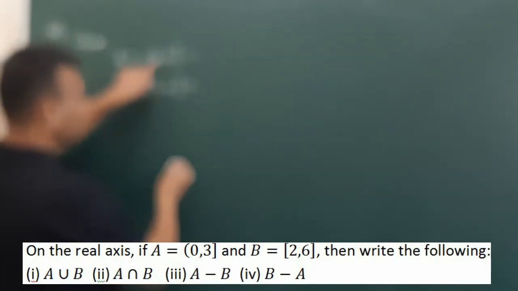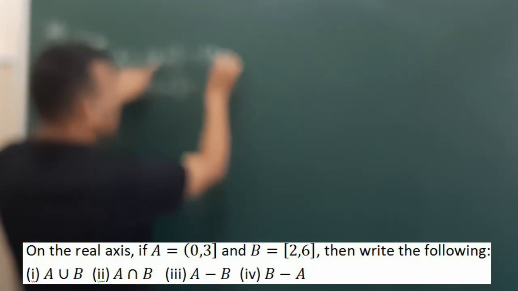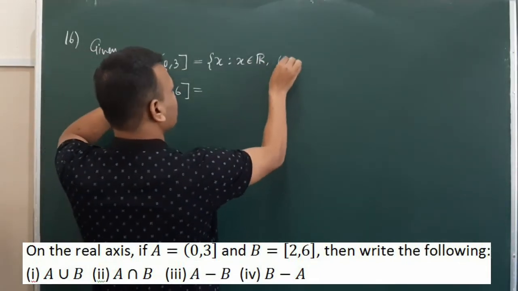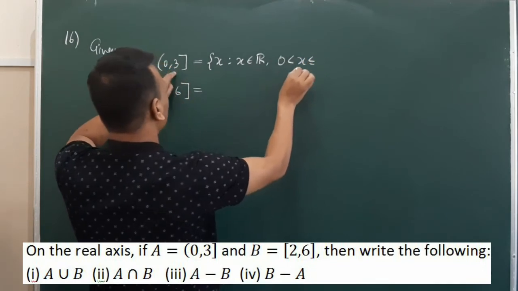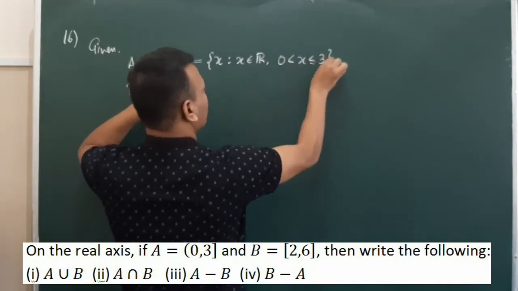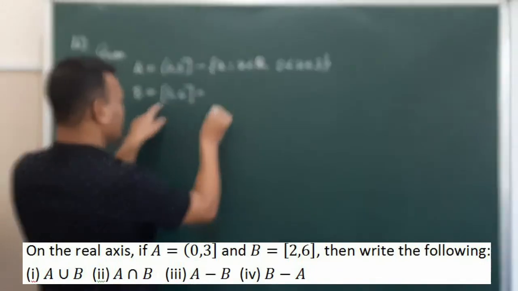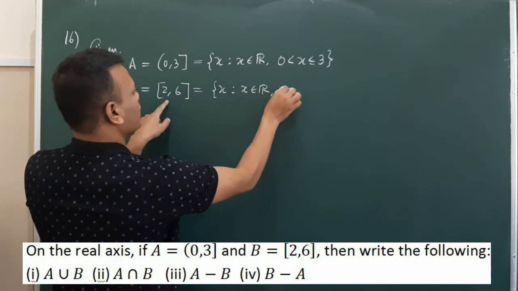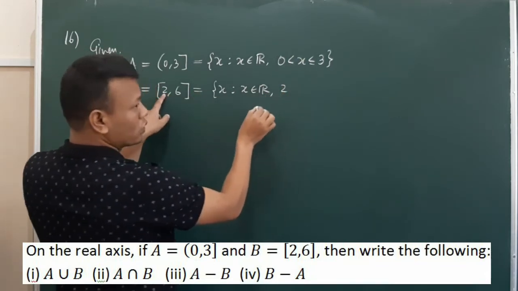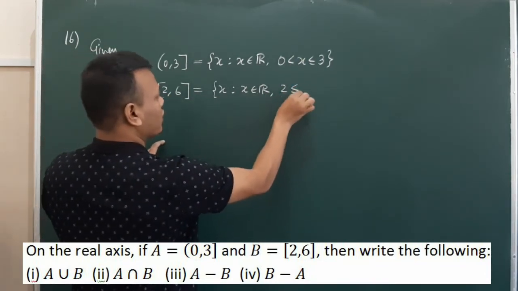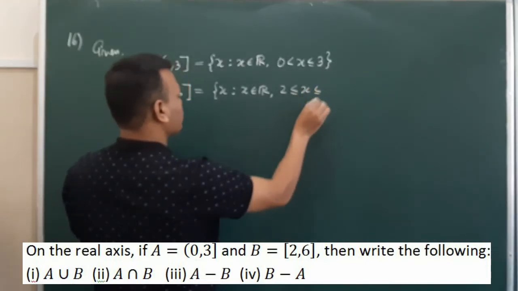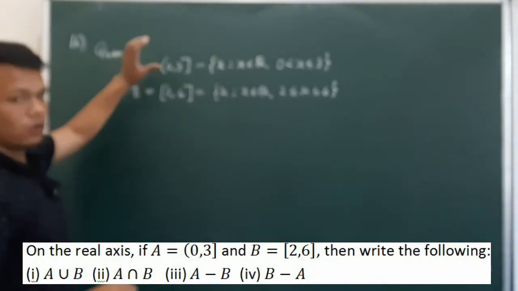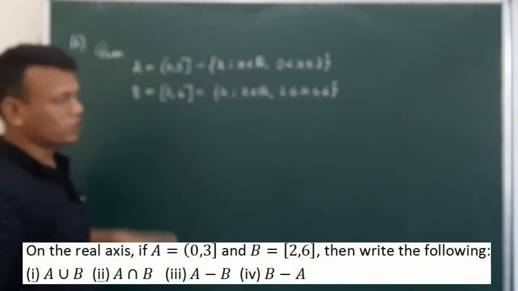Since 0 is not included, this means x belongs to real numbers R and 0 is less than x and less than or equal to 3, because this is closed. And B becomes x such that x belongs to R and 2 is less than or equal to x less than or equal to 6. Alright, so these are the set builder notations of these two intervals.